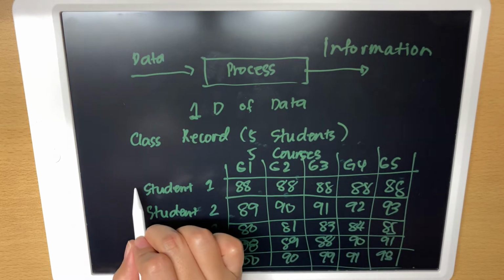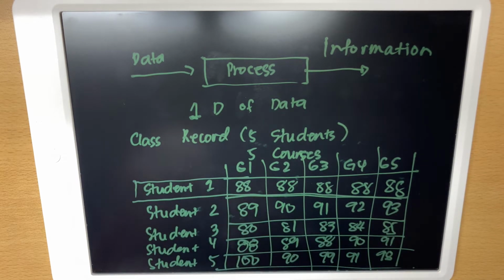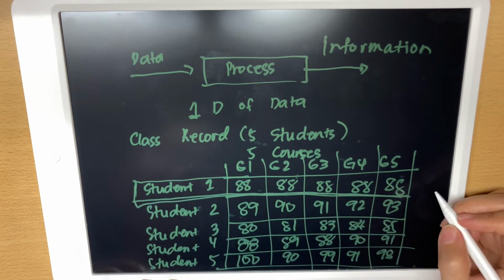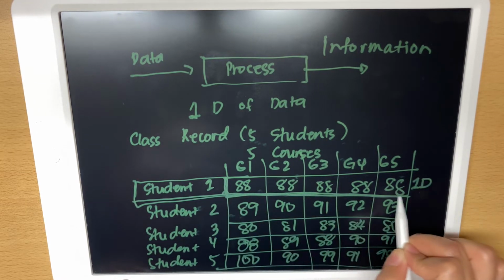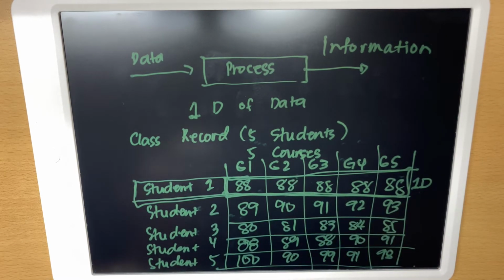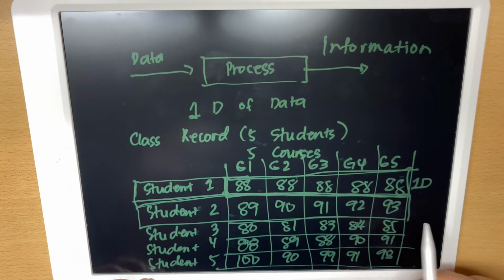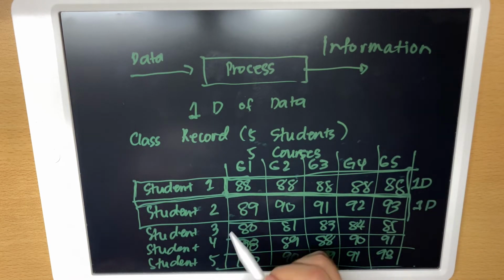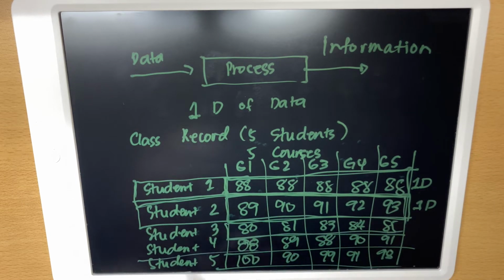And we see here for student 1, it's only the student's data. So in this block here, this is a one-dimension array of data. So here is a sequence of data for the 5 grades for the 5 courses. Here also is different. This is only for student 2, and that would make a one-dimension series of data here, and so on and so forth up to student 5.